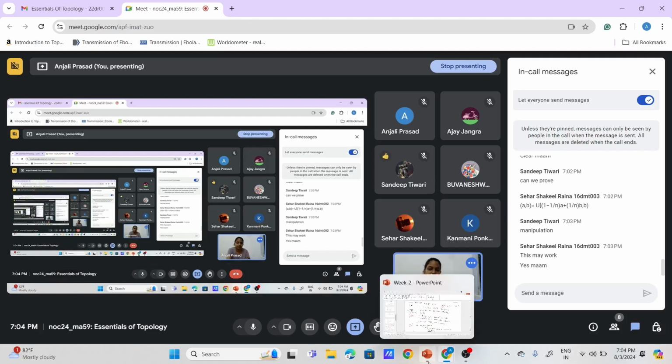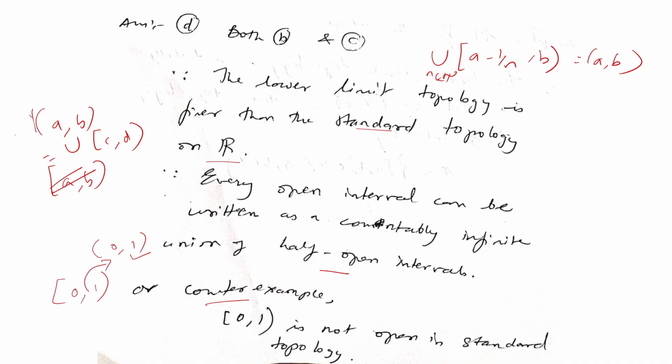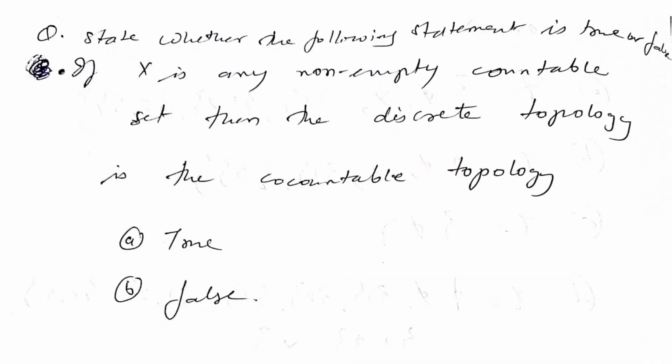Okay. So your next question is: state whether the following statement is true or false. The statement is, if X is any non-empty countable set, then the discrete topology is the co-countable topology. Is it true or false?